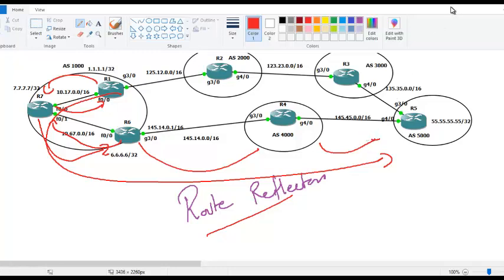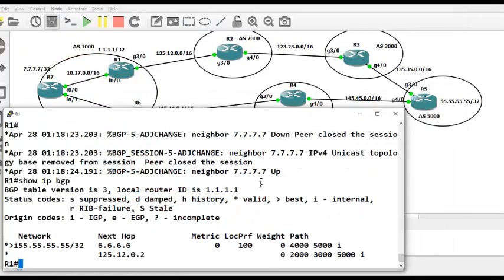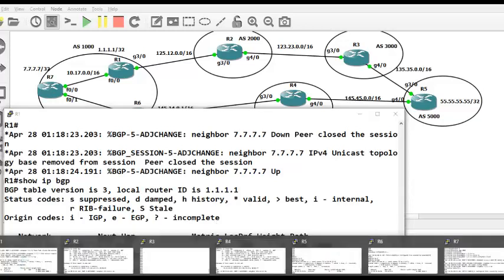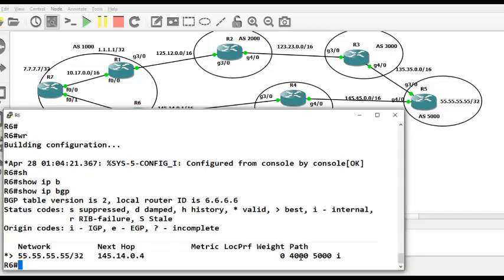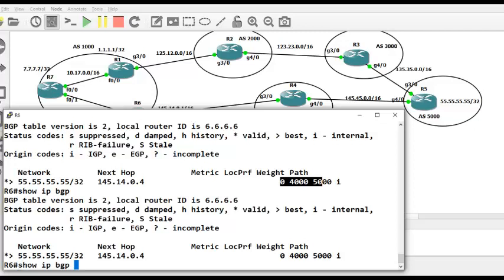So, route reflector works. Likewise, you go to router 6. Earlier, we were having only one path. But now, you'll see 2 paths. It has to come.